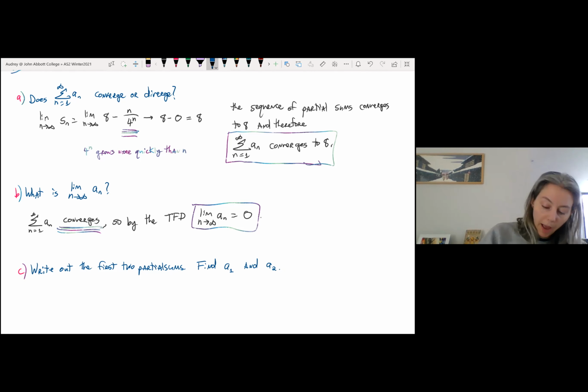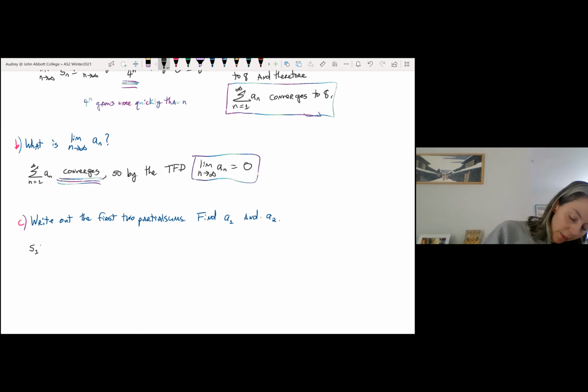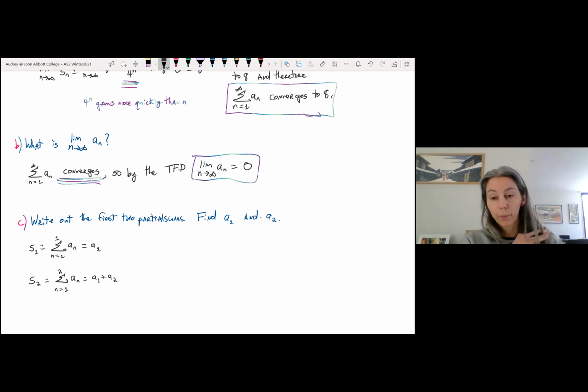Okay, so my S sub 1 here, we know is the sum n equals 1 to 1 of a sub n, which is just equal to a sub 1. And my S sub 2 is the sum n equals 1 to 2 of a sub n, which is a sub 1 plus a sub 2.